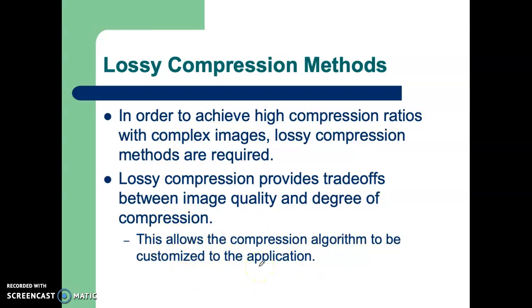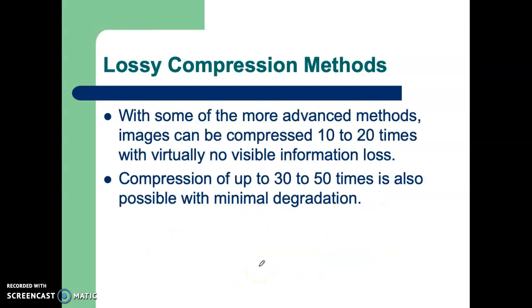This allows the compression algorithm to be customized to the application. With some of the more advanced methods, images can be compressed 10 to 20 times with virtually no visible information loss. Compression up to 30 to 50 times is also possible with minimal degradation.